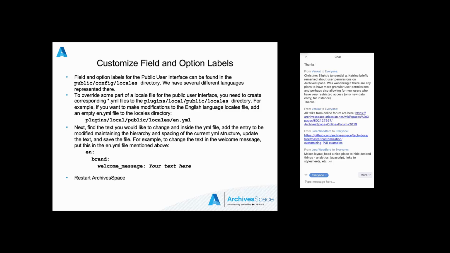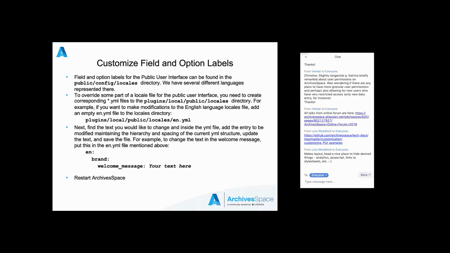So in order to change any of the labels that are in this file, you need to create a corresponding YAML file in the plugins local public locales directory. So for example, if I wanted to make modifications to the English language locales file, I would add an empty en.yml file to the locales directory, and that's the path right there.